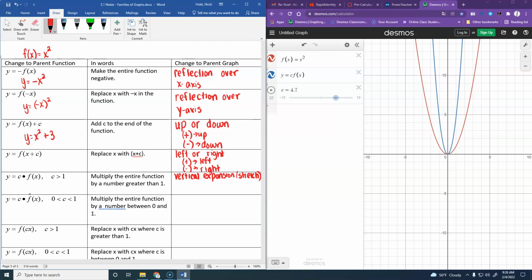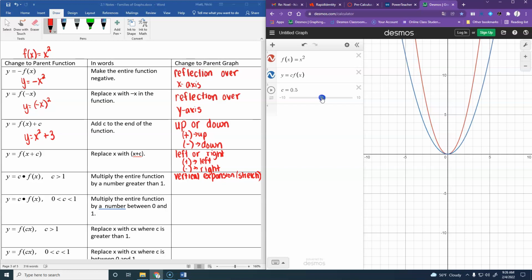So if I use a number between 0 and 1, so you can see right here, like if I have 0.9, 0.8, 0.6, 0.5 right there, that is going to be what we call a vertical compression. So you're taking that and squashing it down, right?